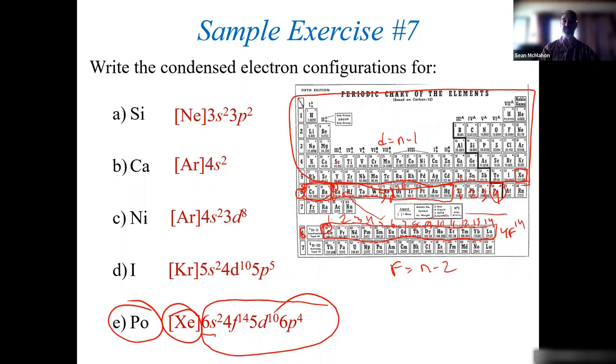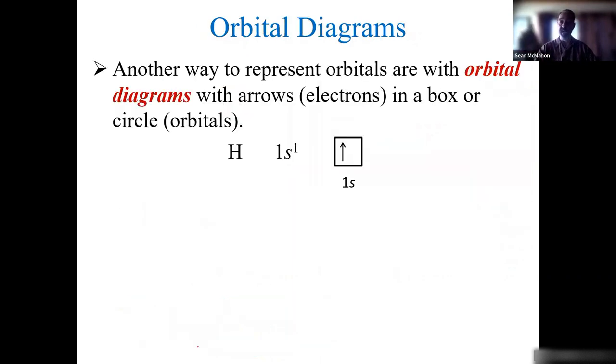With electron configuration, you can write all the electrons in the full version, or we were doing the condensed, the shorthand version, where we shortcut the core with the noble gas. But when we do orbital diagrams, to show not just the sublevels but the number of orbitals in each sublevel and the spin of the electrons, we only want you to write the valence electrons, and we're using boxes and arrows.